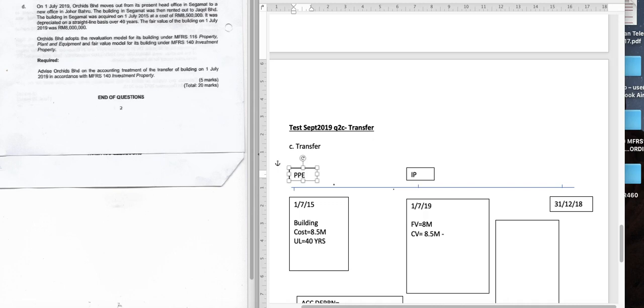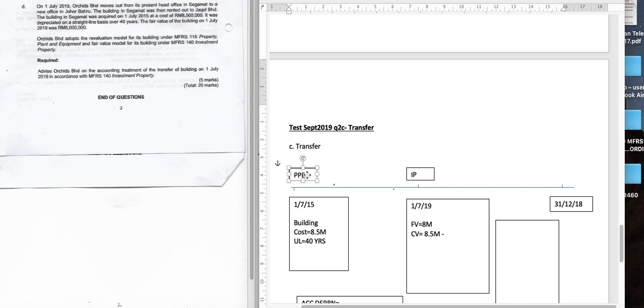It was acquired at the cost of 8.5 million and depreciated on straight line basis over 40 years. The fair value of the building on 1st July 19, on the date of transfer, was 8 million. Okay, so the company adopts revaluation model for its building under PPE.